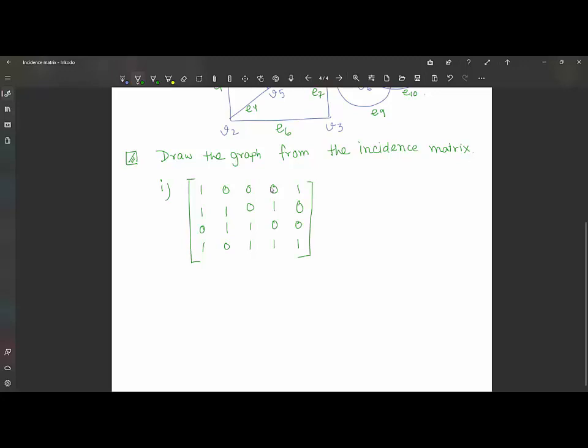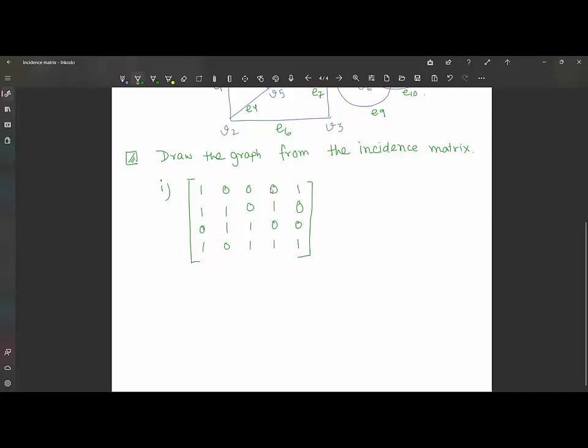So this is the matrix, and from it you have to calculate the graph. Okay, this is the incident matrix actually, from where you have to calculate the graph.